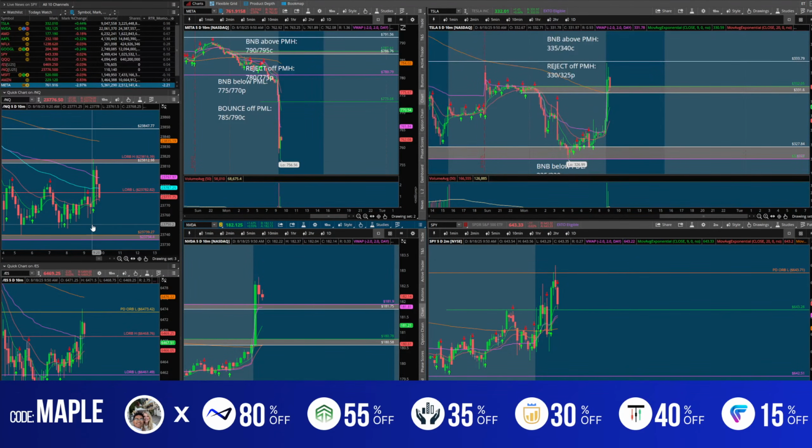Looks pretty weird. May cut the remainder of the NQ here. Let's see.